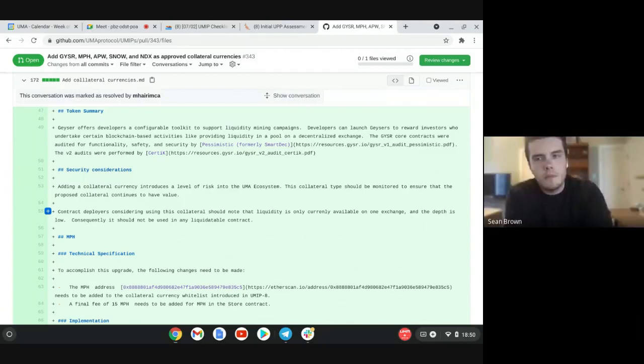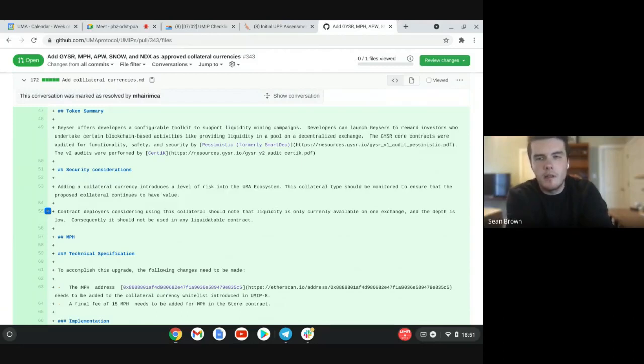Yeah. Got it. Even saying that it shouldn't be used for a liquidatable contract obviously doesn't prevent somebody from doing that. But personally, I think the DVM's position should be: could this collateral currency be used to pay fees in the future?